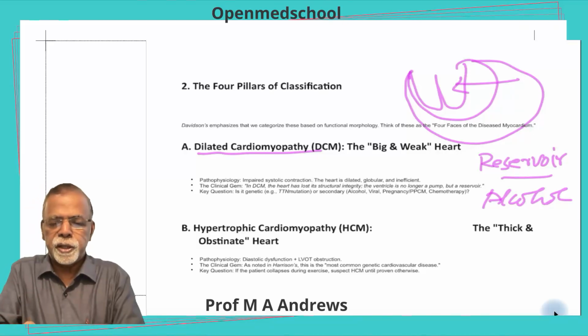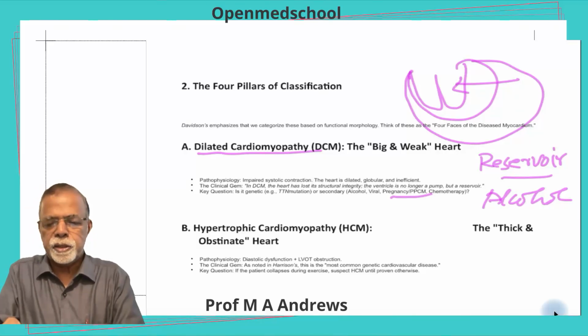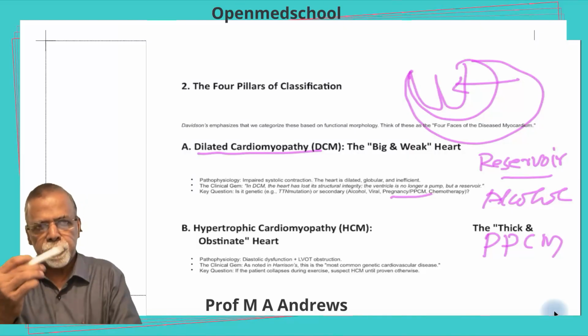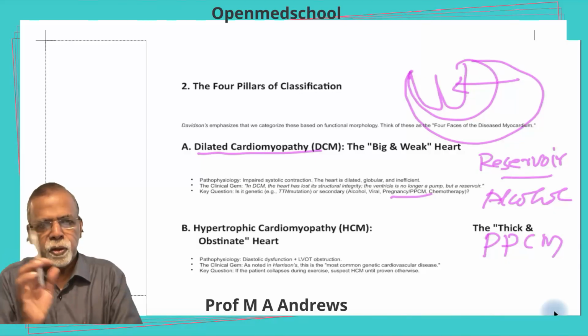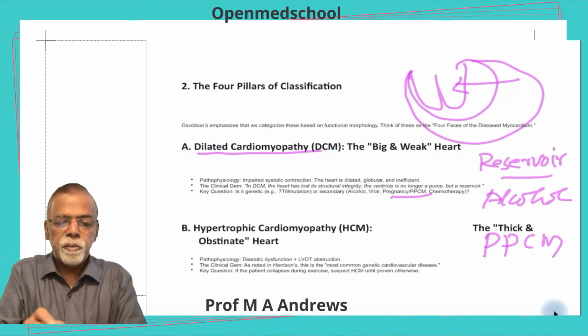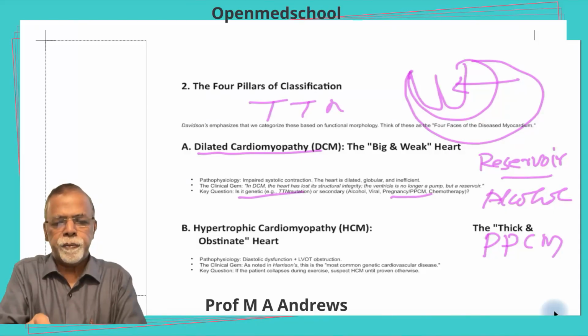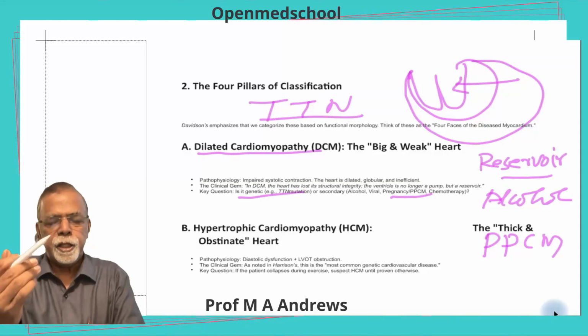Among them, one important thing is the pregnancy related, that is the peripartum cardiomyopathy. So these are secondary causes, and in the primary type no cause is found. Many of them are due to genetic disease like mutations in the TTN. So primary and secondary.